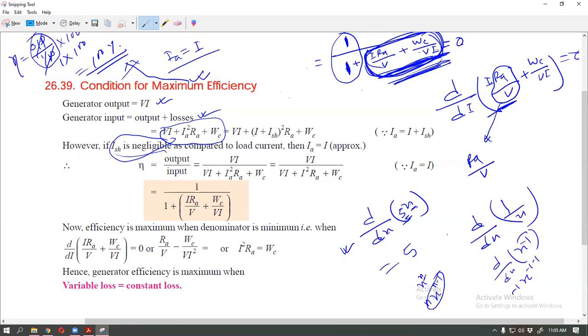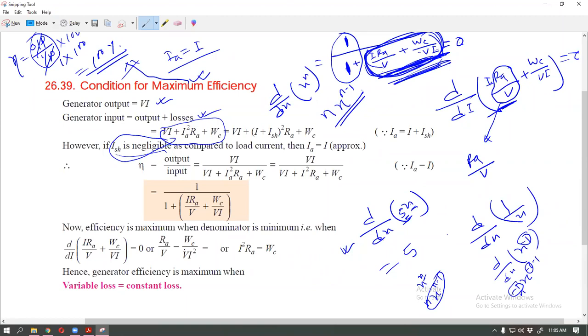So d by dx of x to the power n is n x to the power n minus 1.